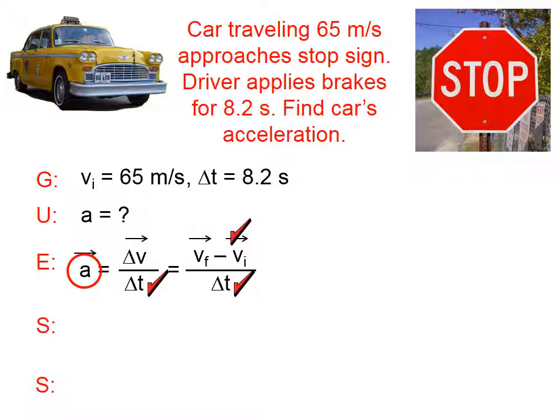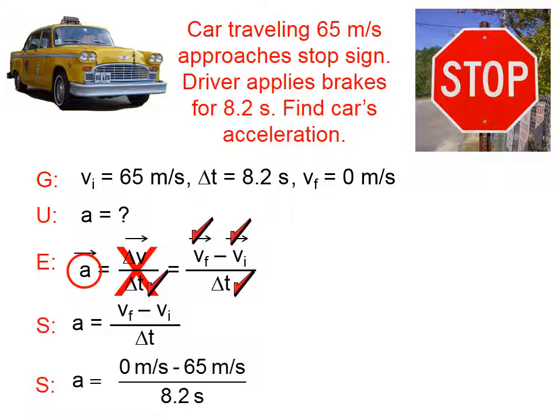So let's think a minute. This car is approaching a stop sign, so the final speed will be 0.